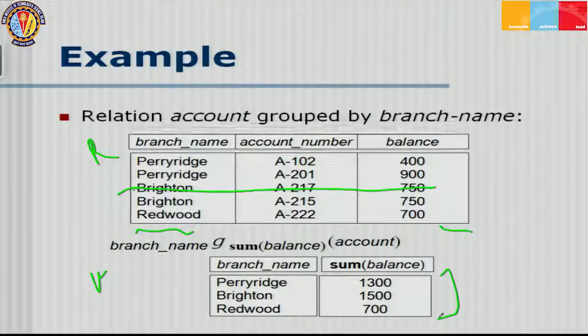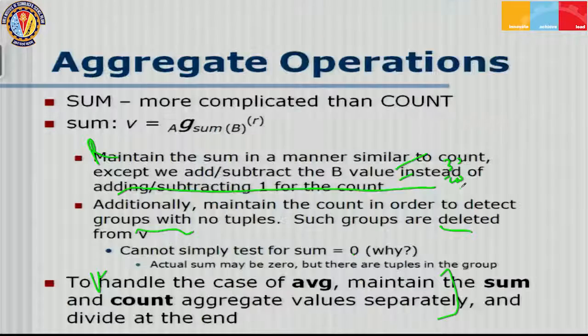This is basically for sum, which I am going to discuss next, but I can also have a count here. Instead of balance, I can say there are some counts here, say 30, 40, whatever, so you can apply it there.